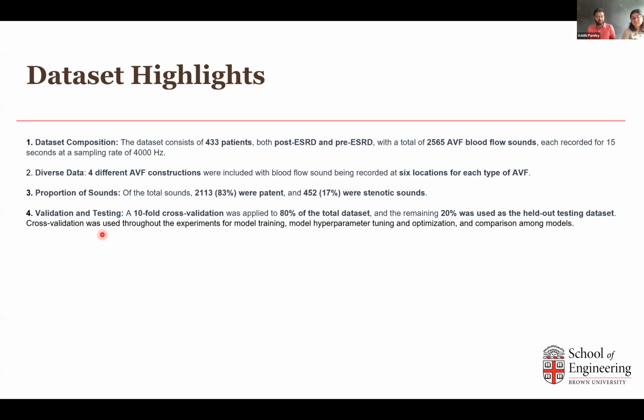All the results and comparisons I'll do will have the cross validation part included in them. In the study, the authors say that cross validation was used throughout the experiments for model training, model hyperparameter tuning and optimization, and comparing among different model architectures.